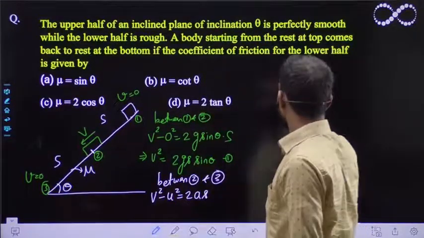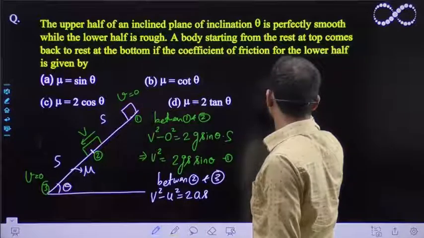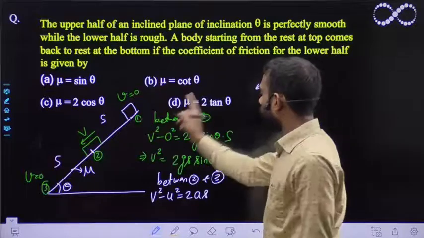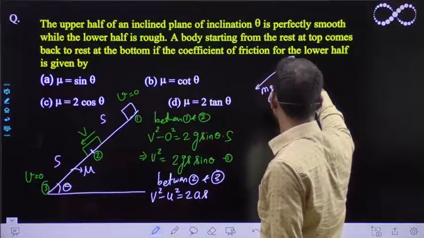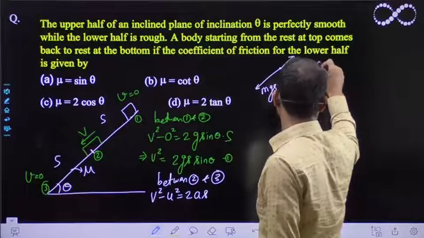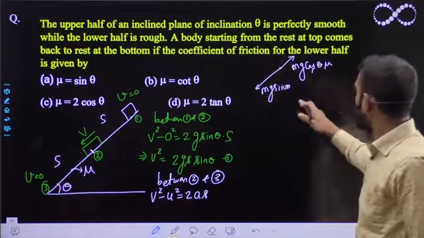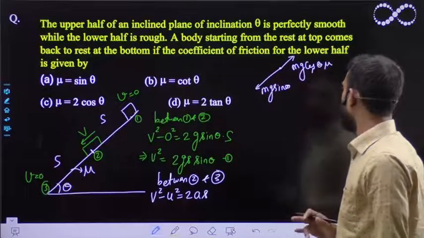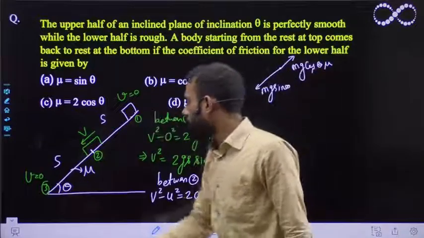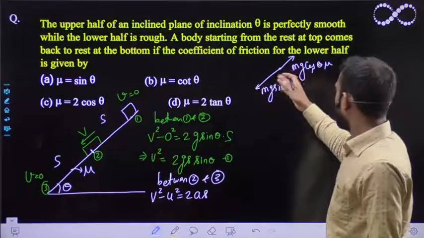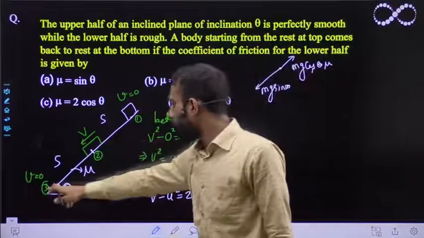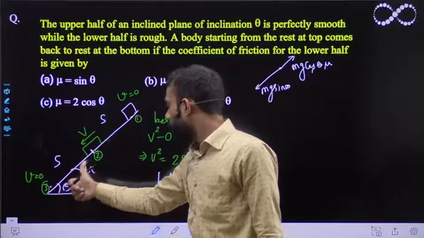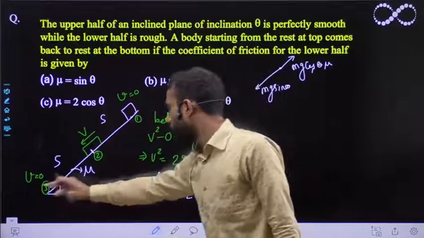Between 2 and 3, mg sin theta will act in the downward direction, and since it is kinetic friction, friction will act in the upward direction, that is mg cos theta into mu, because mg cos theta is the normal force and mu is the coefficient of friction. Since the block is moving downward, the friction will be upward, because ultimately the block has to come to rest here. Here it has some speed, so the net force will act upward, then only the block can come to rest at 3.